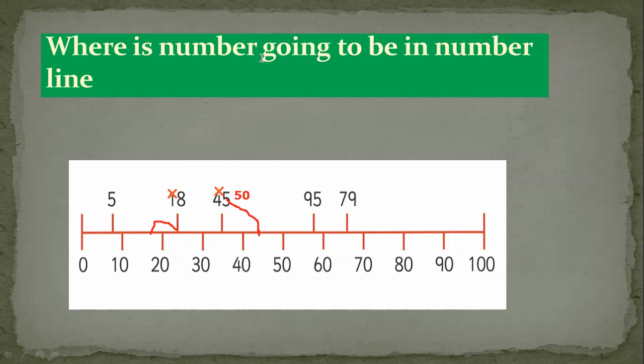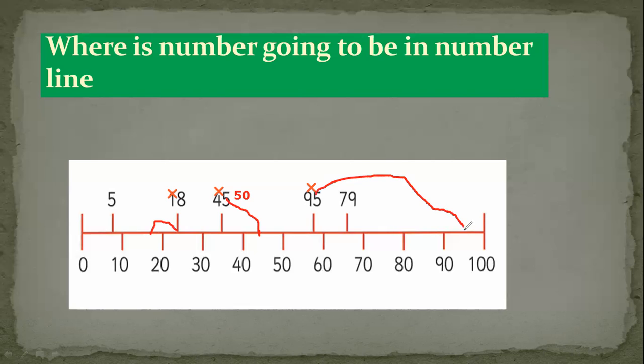Okay, moving on to the next. Next, the number is 95. So 95 cannot be between 50 and 60. So it is also wrong. It will be between 90 and 100. So where is the place of this?